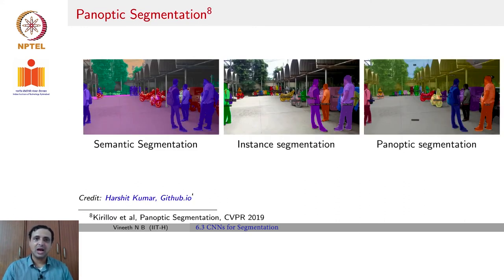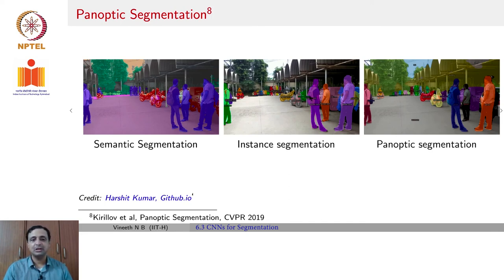A last and more recent form of segmentation that is popular is known as panoptic segmentation. Panoptic segmentation combines semantic segmentation and instance segmentation. Semantic segmentation is where you segment the pixels of all objects, but all instances remain the same.